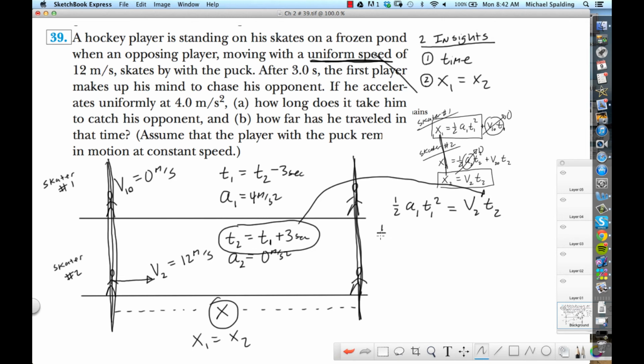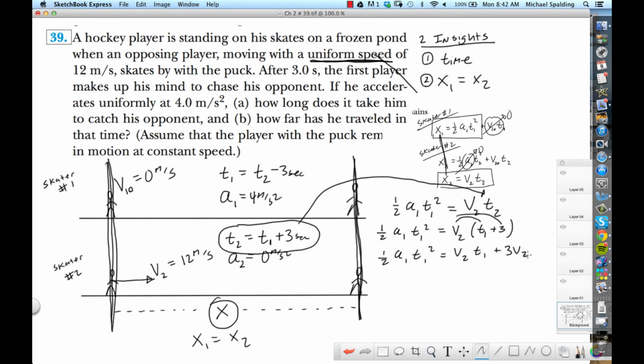So now we have 1/2 a1 t1 squared equals v2 times (t1 plus 3). Then we distribute the v2, so it becomes some algebra. Again, 1/2 a1 t1 squared equals v2 t1 plus 3v2.